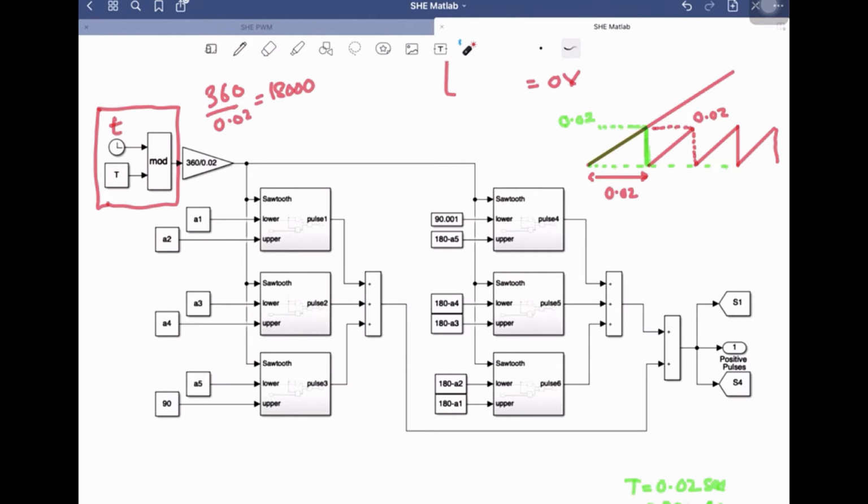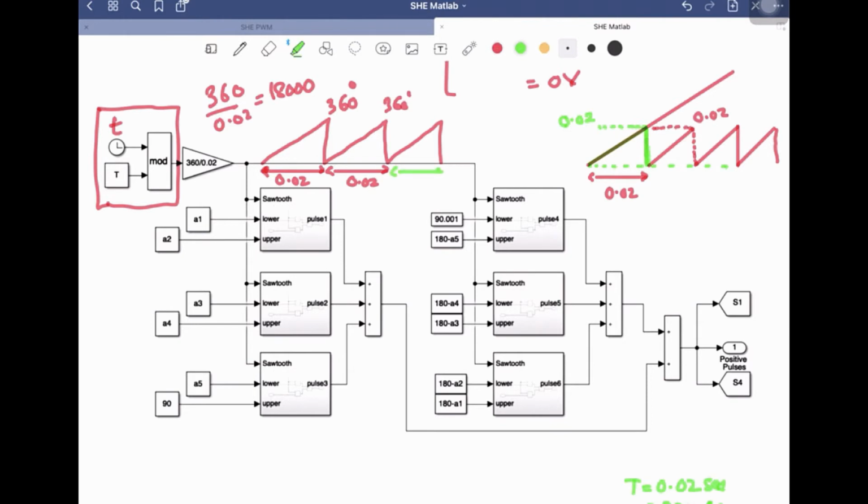So now what waveform will we be getting over here? A sawtooth waveform whose time period is 0.02, and the magnitude varies from 0 to 360 degrees. Basically we have converted it in terms of the angle, right? So this is of 0.02, varying from 0 to 360 and so on.